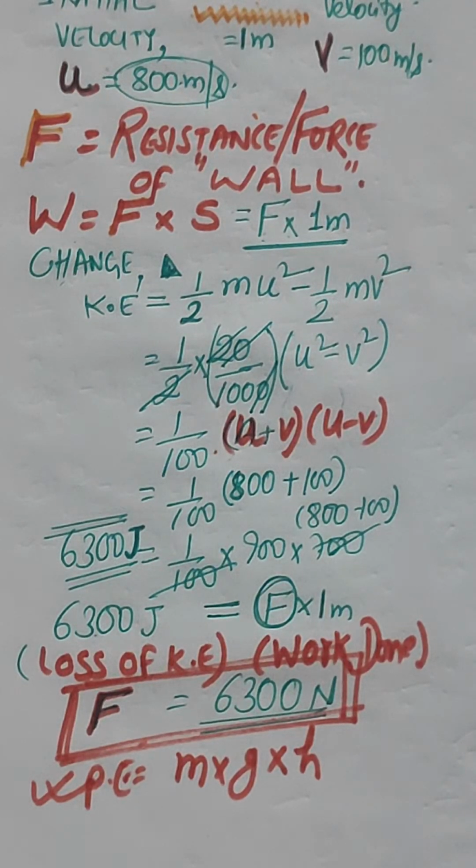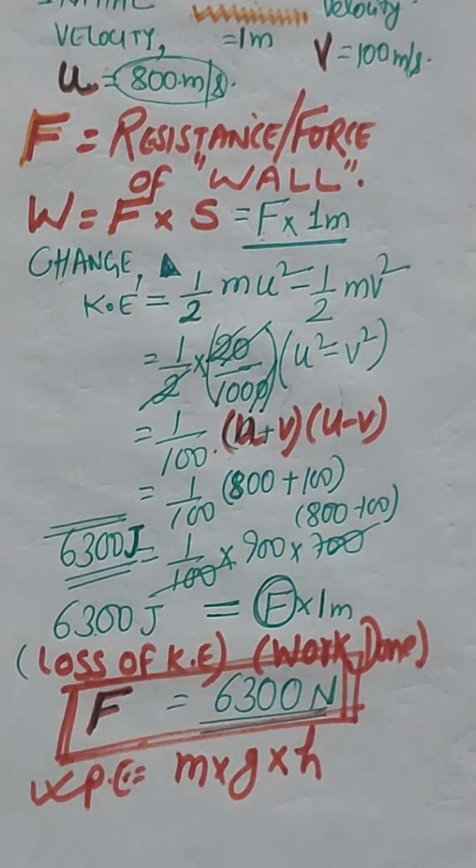Yes, we can take this. A bullet of mass 20 gram is found to pass 2 points 30 meter apart in a time interval of 4 seconds, right? Calculate the kinetic energy. Definitely it's very easy.